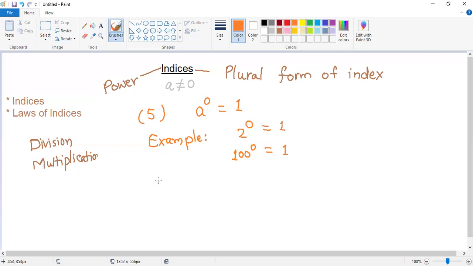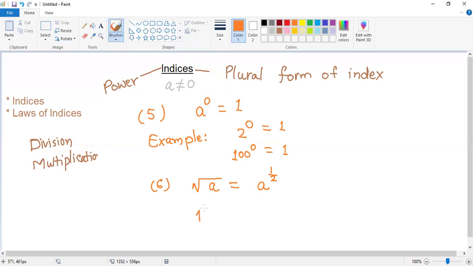Now, at some places they are saying a 6th rule, but I'm just going to tell you how to solve the questions if you have something like this. When you have square root a, you can write this as a power 1 by 2, a power half.